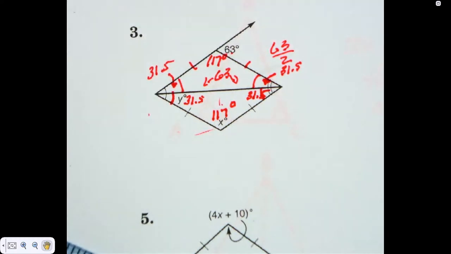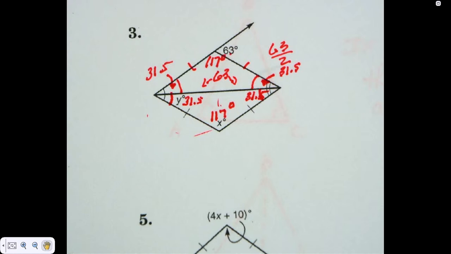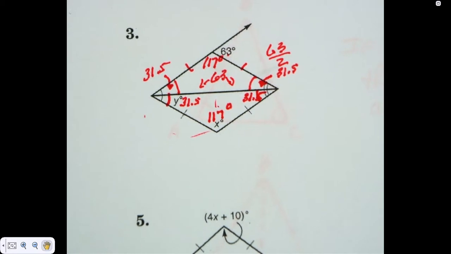So your y is 31.5 and your x is 117. Any questions there?